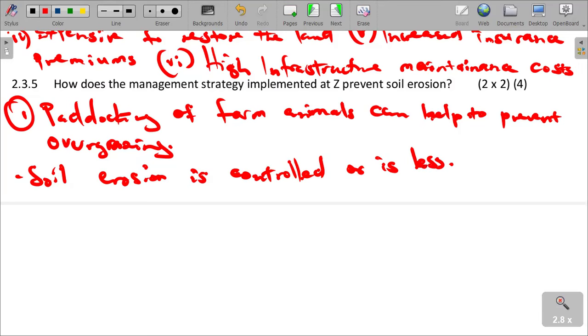And then when soil erosion is less because vegetation cover is there, we also have less runoff, more groundwater due to high infiltration and less runoff.